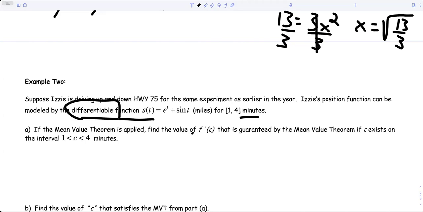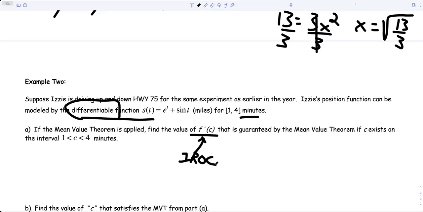It says find the value of f prime of c that is guaranteed by the mean value theorem if c exists on the interval for c between 1 and 4 minutes. So this right here is the instantaneous rate of change. However, we're not going to find that just yet.